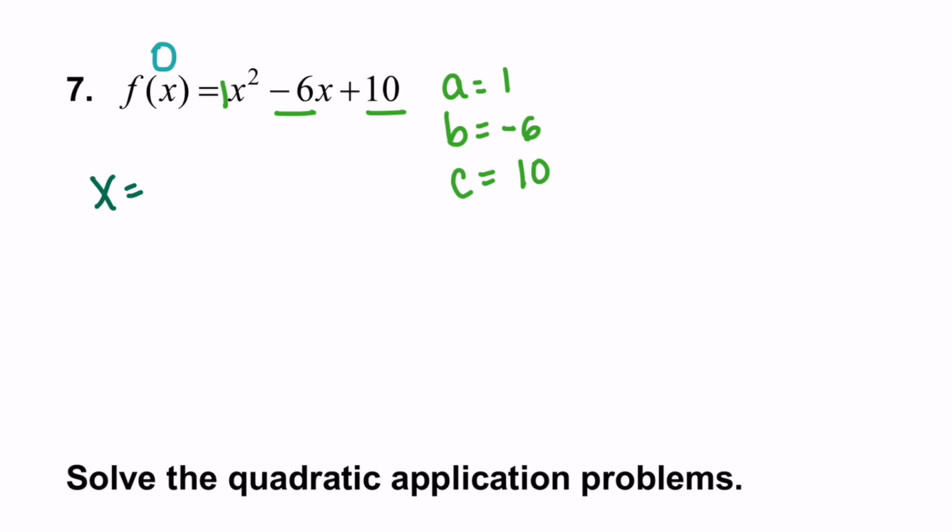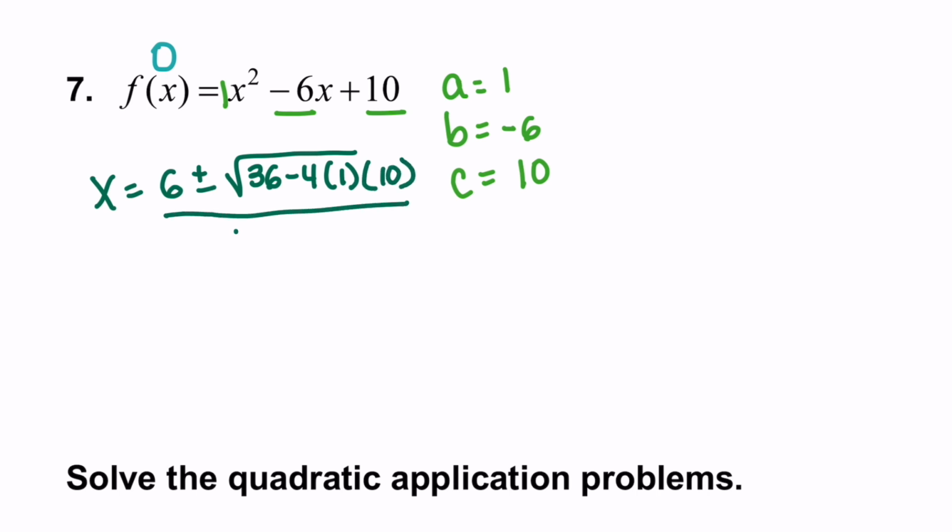B is negative 6, so negative b, negative 6 would be a positive 6, plus or minus the square root. B squared, negative 6 times negative 6 is a positive 36, minus 4 times our a, which is 1, times our c, which is 10, all over 2 times a. 2 times 1 is 2.